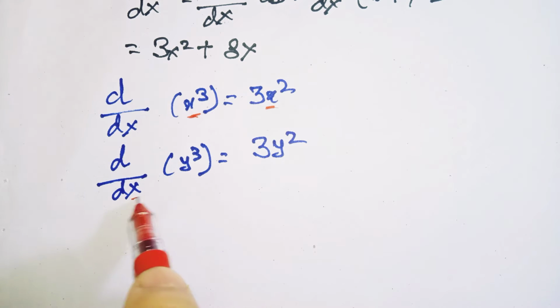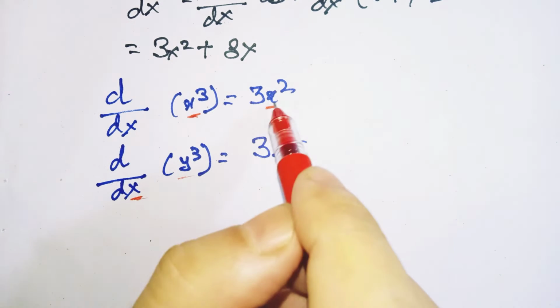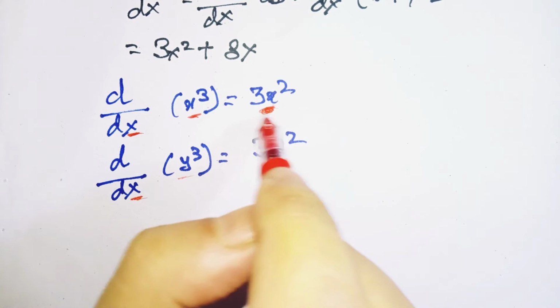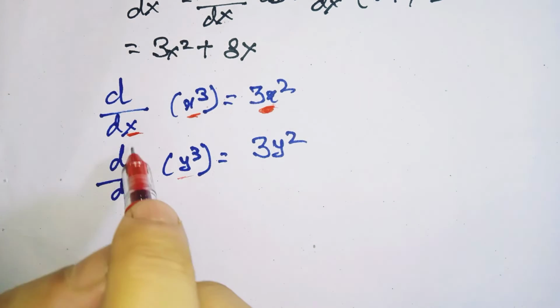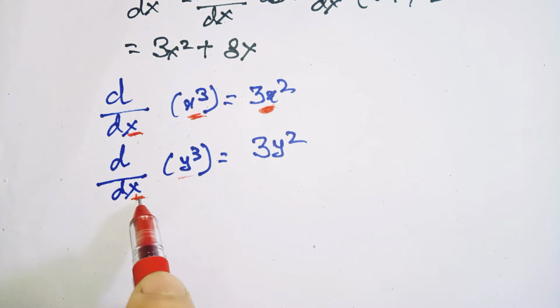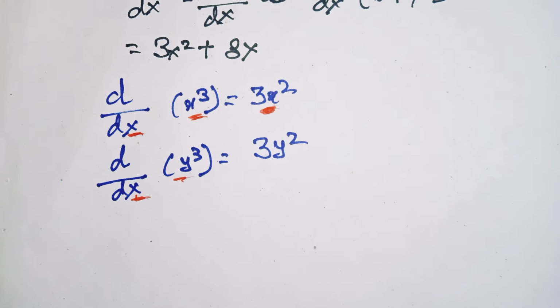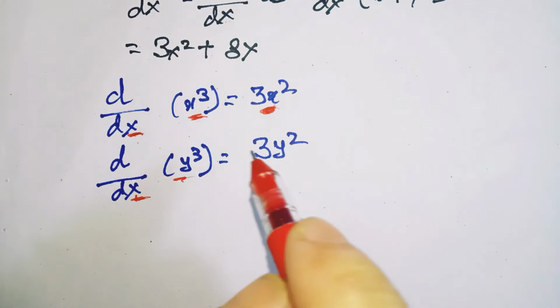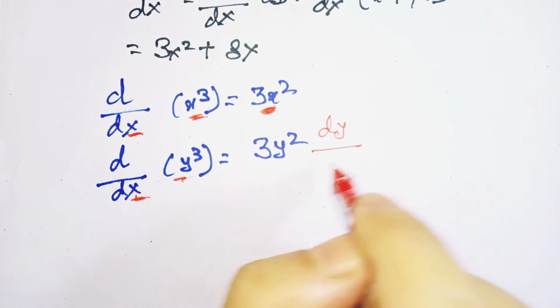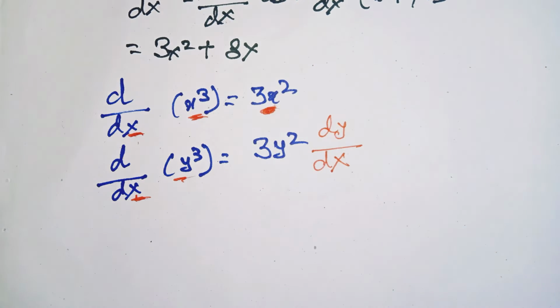This is x and this is y. So this part and this part are matching with variables, but this one is x and this one is y. So what we are going to do is, when we find another variable, we write it as dy by dx.